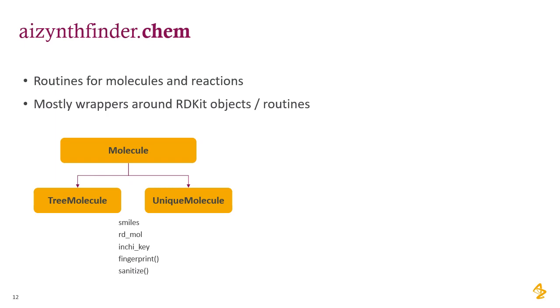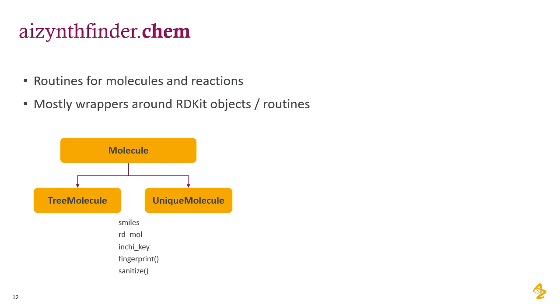The molecule class has two child classes: a tree molecule class that is a molecule in a search tree, and it has a parent molecule. Then we have the unique molecule, and the difference between a unique molecule and a molecule object is that a molecule object, two instances of that class, can be compared based on the InChI key.